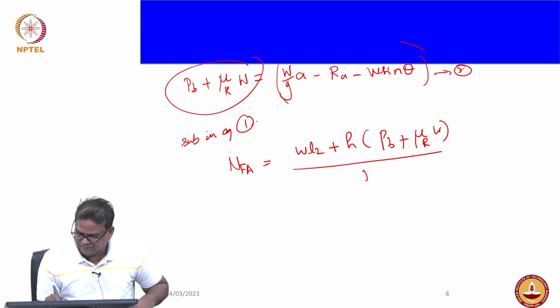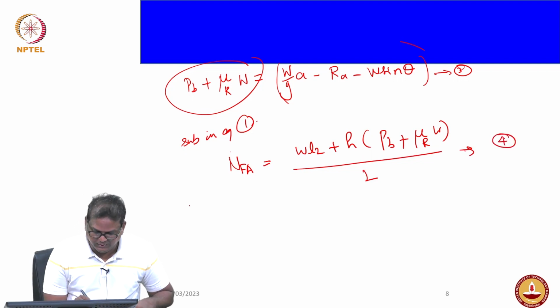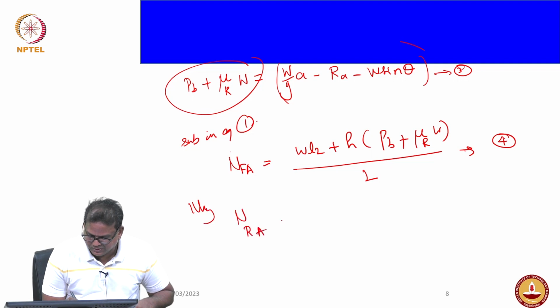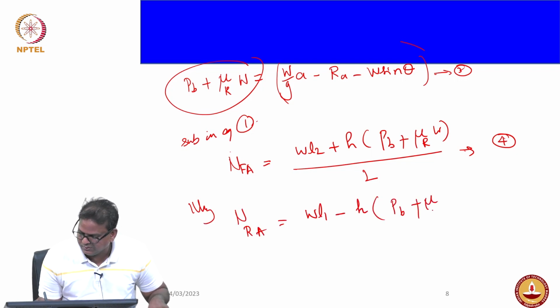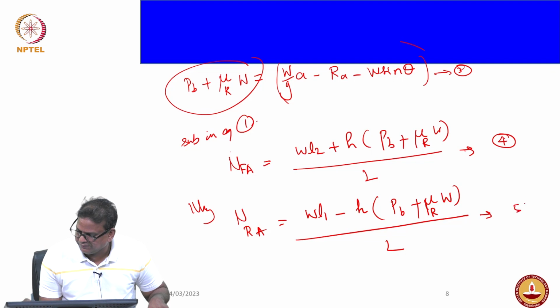You can take it as equation number 4. Similarly, for NRA, W L1 minus H, it will be minus now, PB mu R W by L. This is equation number 5.